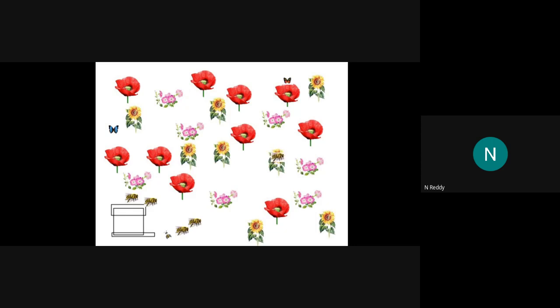You observe that bees move from one flower to another only of the same species. But how the butterfly moves is very random, whichever is near, they go and feed on that.